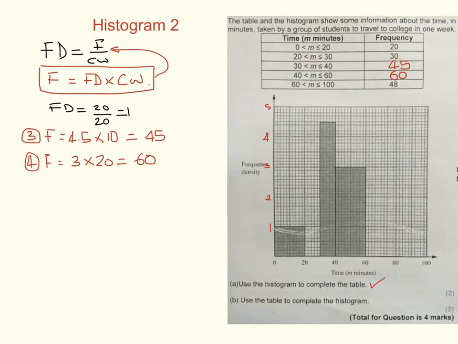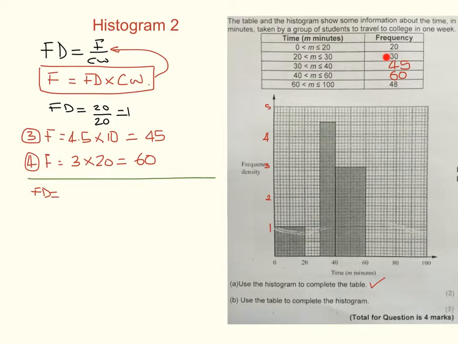All right, so I'll just cause a quick bit of separation here. The only thing we need to know, if you watch video number 1 on histograms, is what the frequency density is, because I can already see it goes from 20 to 30. I just need to know how tall it is. So let's calculate that really quickly. Frequency density for that bar is the frequency divided by the class width.